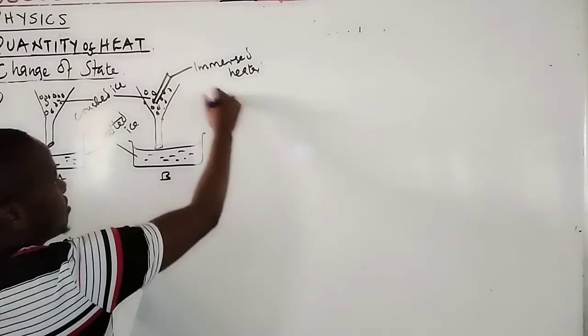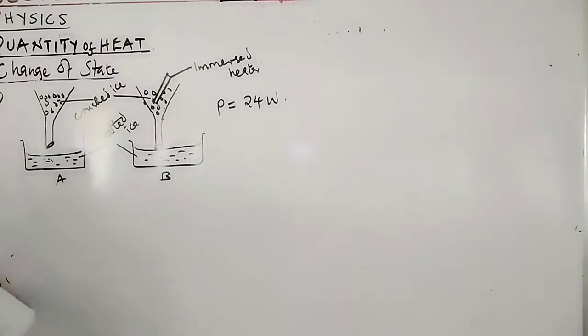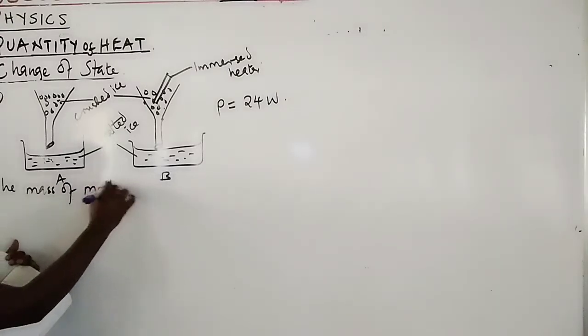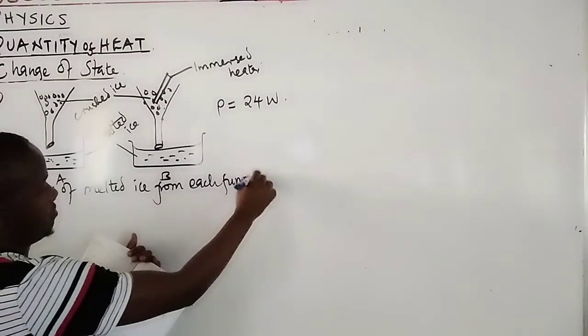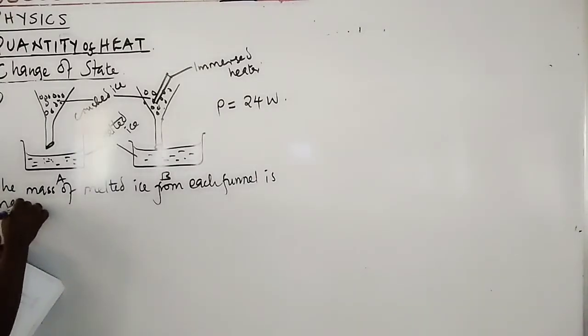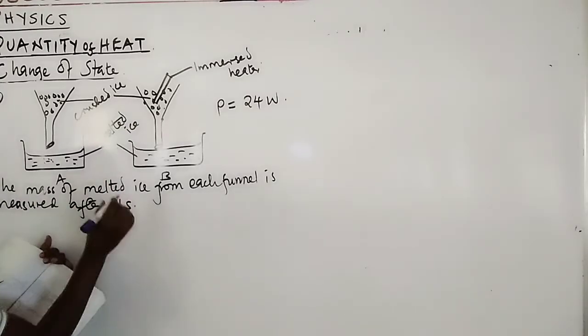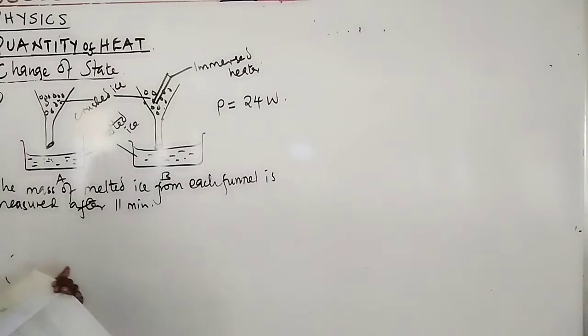Then we are given here the power for this one as 24 watts. Then we are told the mass of melted ice from each funnel is measured after 11 minutes. Then the results are shown below.